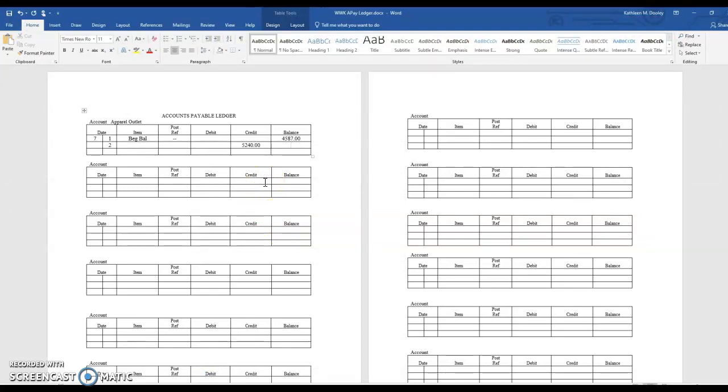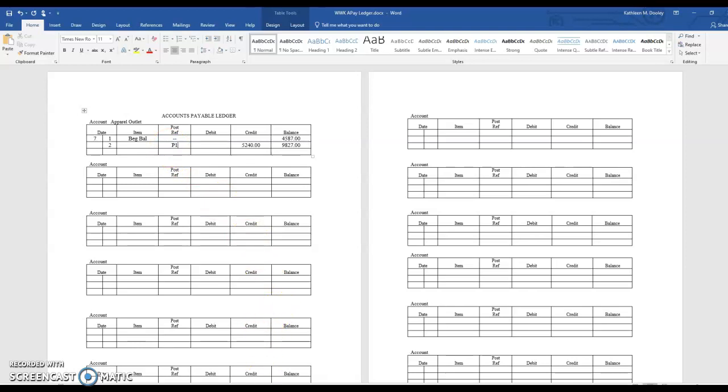We'll add that, $45.87 plus the $52.40, because credit and credit is add. That's $98.27. Okay, where did this come from? The purchases journal, page 1.